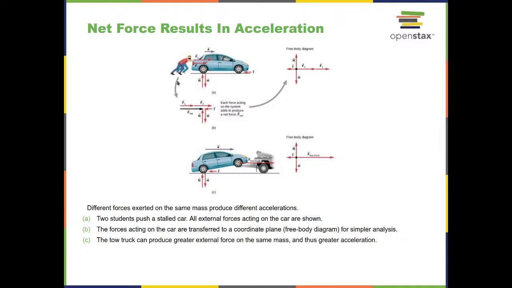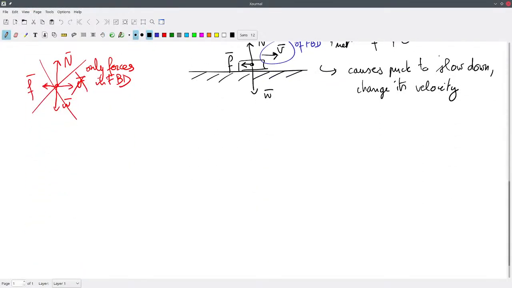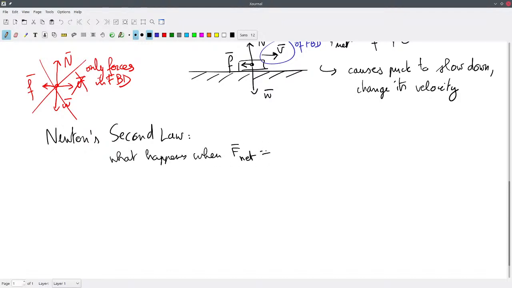Okay, let's not go to that slide yet. Let's look into those cases when there is a net force that is non-zero. So that's going to be Newton's second law, which in words is, what happens when the net force is non-zero, the net external force.